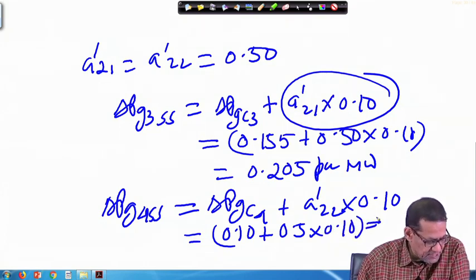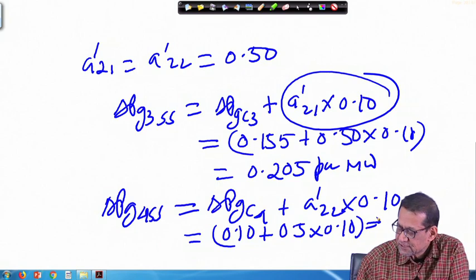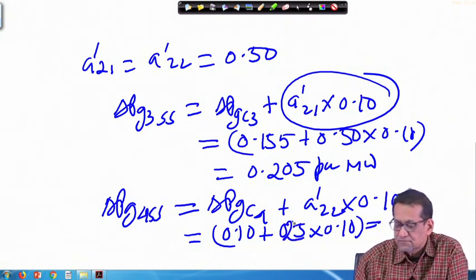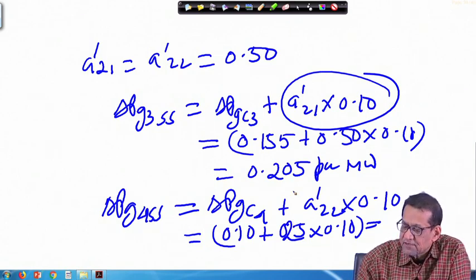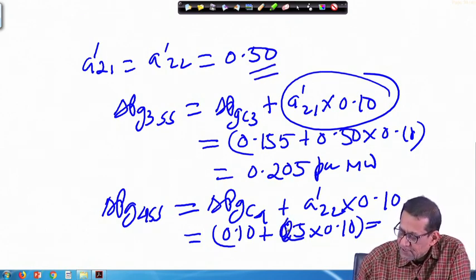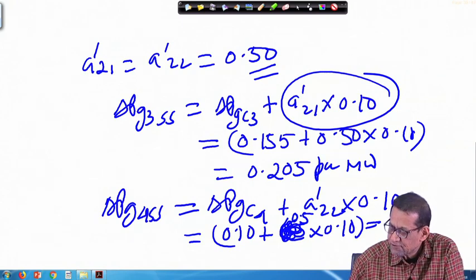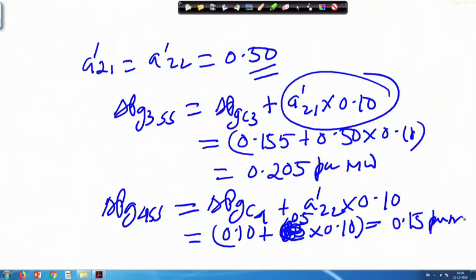Sorry, it was 0.5, just making it 0.5 into this one. So, it is coming around 0.15 per unit megawatt, right. So, this is the steady state when uncontracted power demand is there, because uncontracted power demand will be distributed as per the way you have defined the AC participation factor, right.